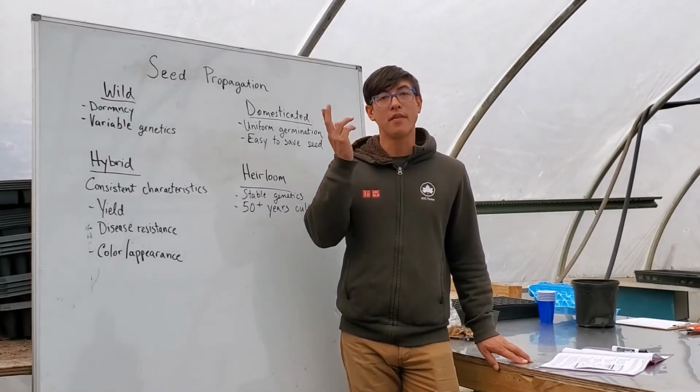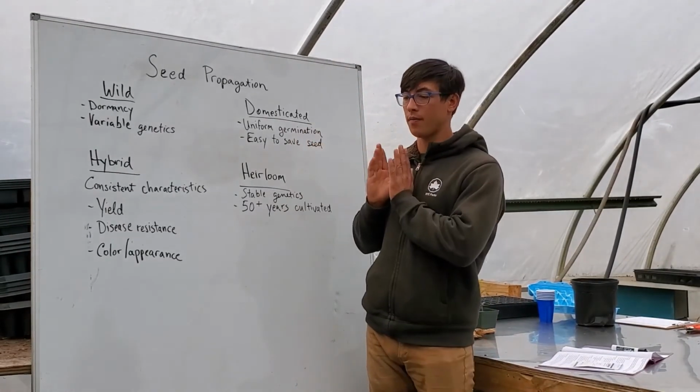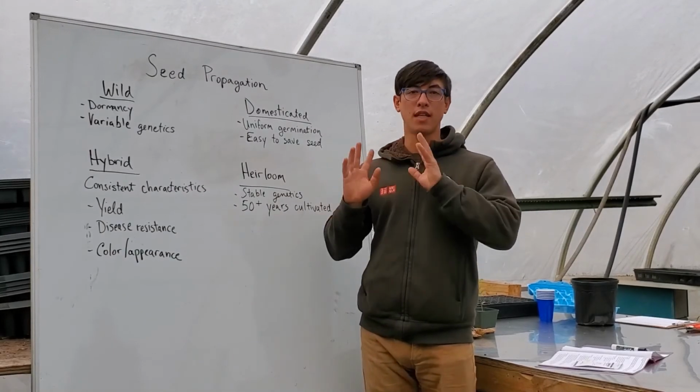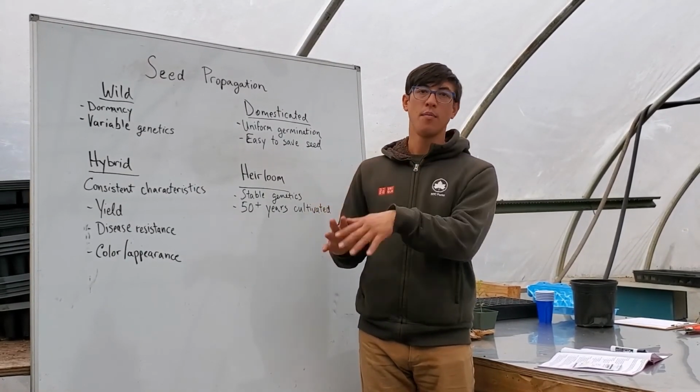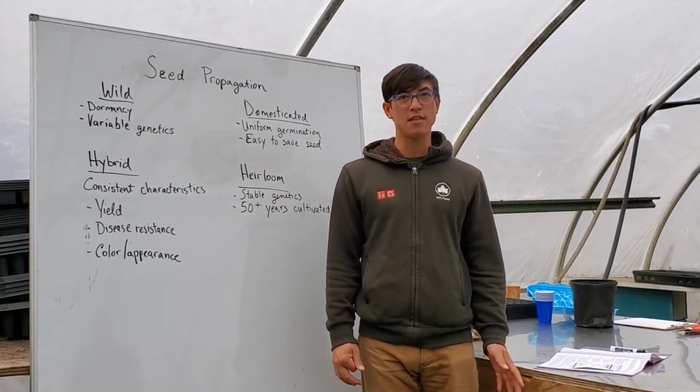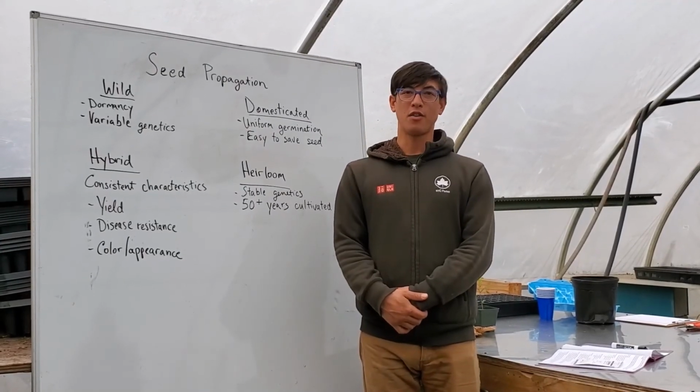So that part of it can be fun, but if you want to keep an heirloom variety the same, you want to keep that plant or that group of plants in isolation. But that goes into seed saving, which is another topic, so we're not going to go too far into that.